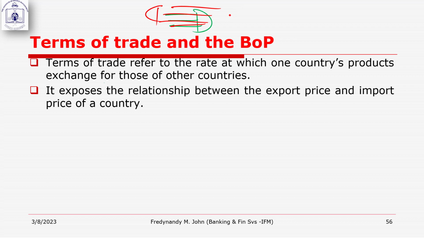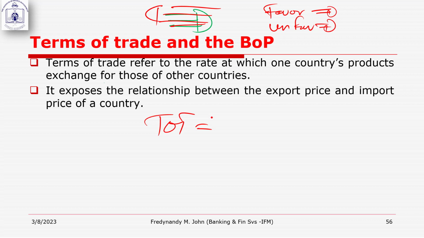Now, this can lead to a situation where we say the terms of trade is favorable or unfavorable. In what situation do we say that the terms of trade is favorable? And in what situation do we say the terms of trade is unfavorable? First of all, we need to understand how we compute the terms of trade.